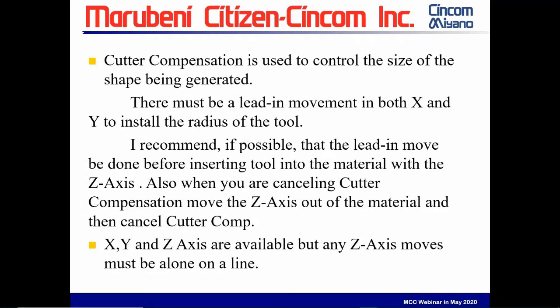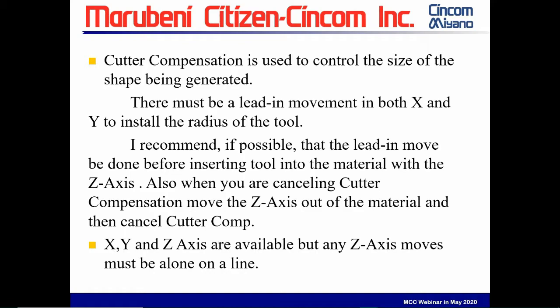Cutter compensation is also used in the machine, and it's generally used to control the size of the shape. If you have it at 0, you would get all the tool inside there. If you have the diameter tool, it comes to the proper size there, and you can adjust the size plus or minus a couple thousandths to increase or decrease the size of the shape you're creating. But since you're using cutter comp, the rules of cutter comp still apply, and there has to be a lead-in movement in both X and Y to install the radius of the tool.